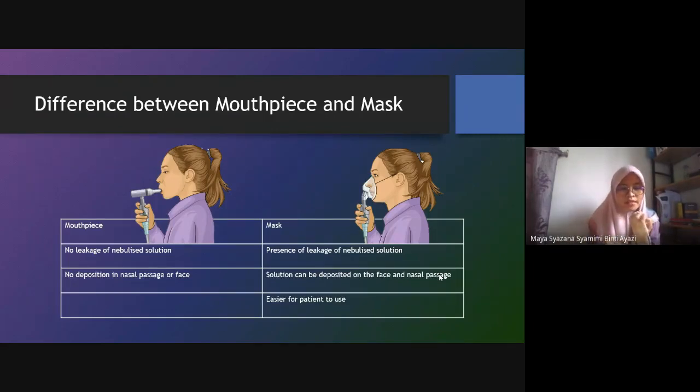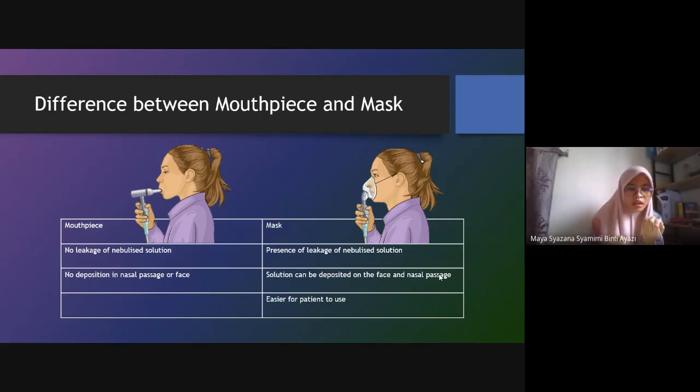So for mouthpiece, there is no leakage of nebula solutions to the environment because the solution is directly entering into the mouth and into the respiratory tract. But for mask, there is a presence of leakage of nebula solutions to the environment because some masks have holes on it, so it could leakage to the surrounding.